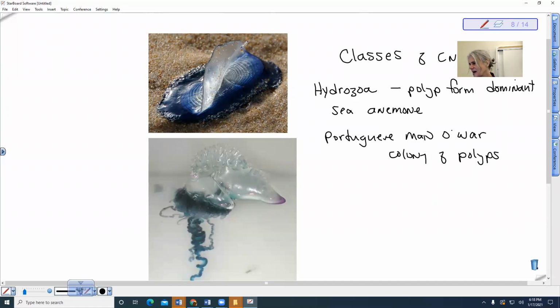This is like the sail, and ocean currents or air moving across the surface of the ocean is going to actually move this creature around. And then we have these polyps that are hanging down, and some of them are reproductive, some of them are digestive. So I think I have an image here that shows the polyps.